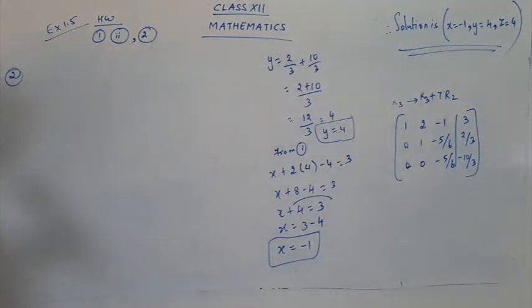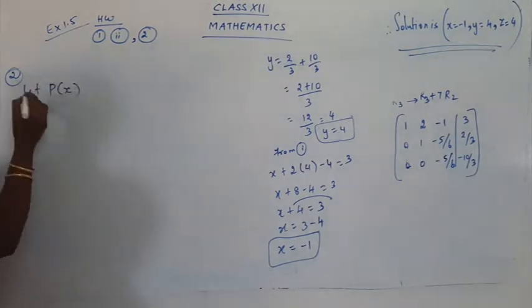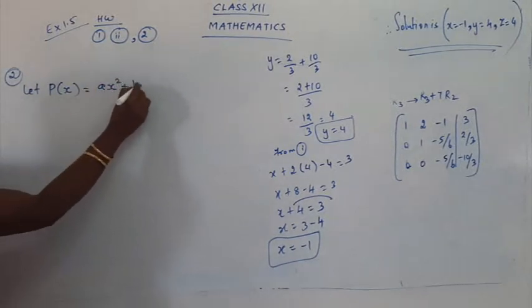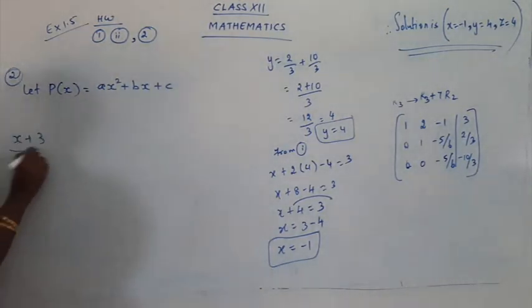So read the question carefully, and now let's form an equation. Let's name the equation. We have already studied polynomials. So let P of x is equal to ax square plus bx plus c. Now children, be careful. It's x plus 3, so we have to find the value of x here.